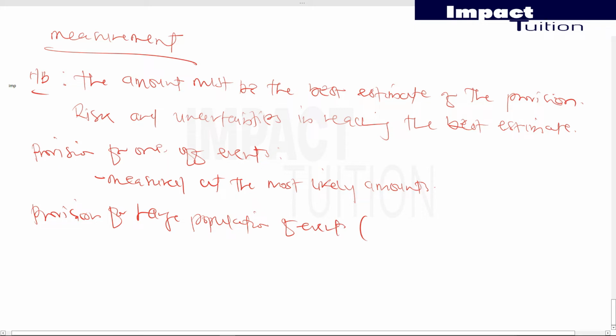Because you don't know the number of customers who will come for refunds, you do a weighted average based on the probabilities, and then you decide on the amount. So this we measure at a probability weighted expected value.